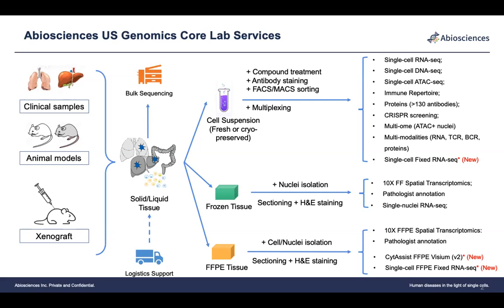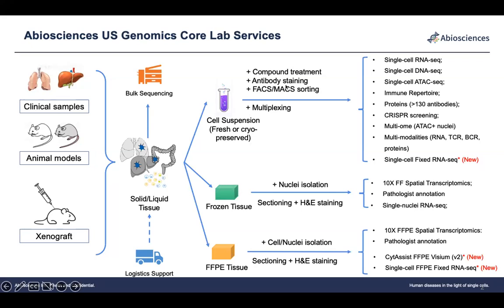What we do here, as illustrated, is that we receive different types of samples, from clinical samples to animal models, sometimes xenografts. We receive some of this tissue through logistics, and we can then either dissociate the tissue into single cell suspension, or we sometimes receive fresh or cryopreserved samples directly from our customer. These samples can then be further treated in-house through compound treatment or antibody staining.